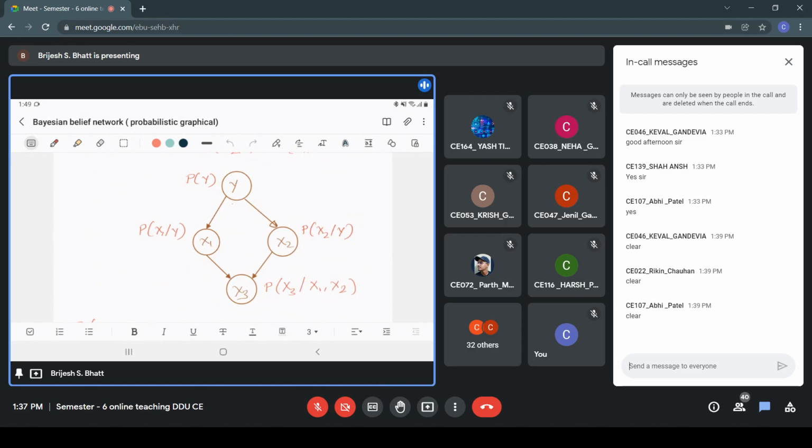X1 in turn depends on y, and x2 also depends on y, and y does not depend on anything. So what would be the formula of this joint distribution? If I want to write the joint distribution of this, that is probability of x1 comma x2 comma x3 comma y, how do I calculate this joint probability now for this graph?